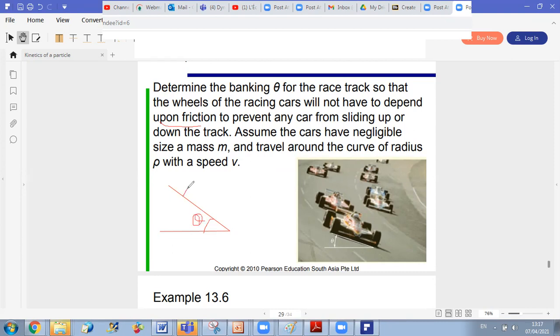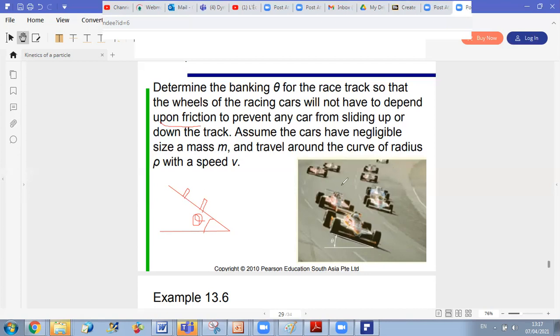Now, these are the wheels of your car. The wheels are inclined relative to the horizontal, but the plane of motion is the horizontal plane. Why? Because if you look from the top, in case of Formula One, you will see that cars are rotating on circles.